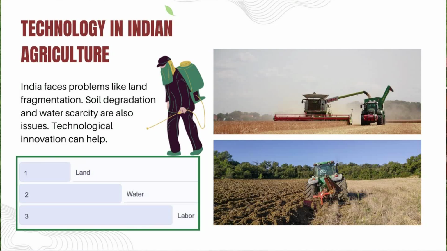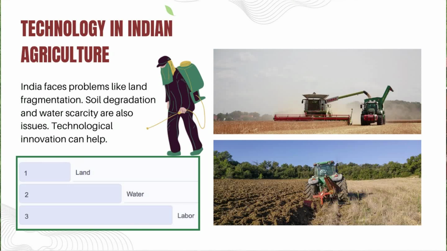In India, the average landholding size has reduced to around 1.08 hectares as per 2015-16 data, which limits economies of scale. Then the next is soil degradation, erosion, nutrient depletion, and salinization due to overuse, overgrazing, deforestation, and use of chemical fertilizers, which cause this kind of soil degradation.